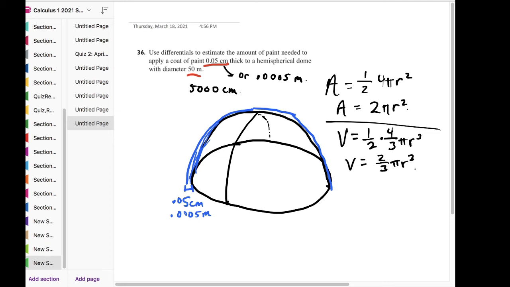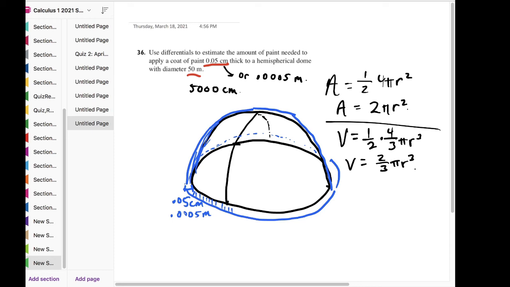So what am I trying to find? I'm trying to find how much paint I use. So do you think it's volume or surface area? Good, yeah, it's volume.